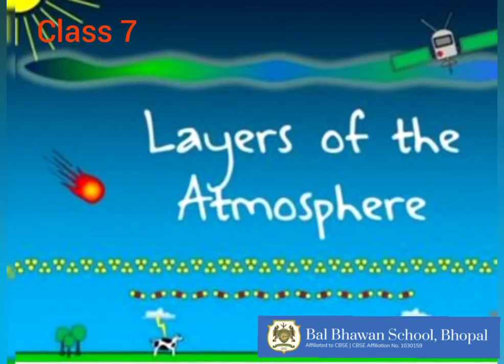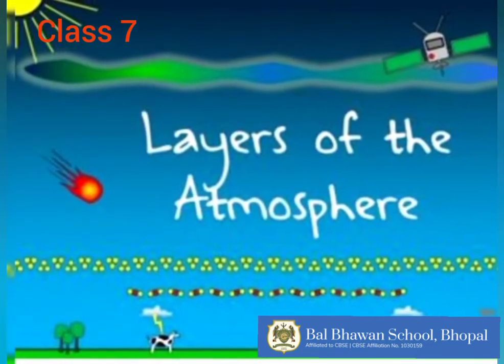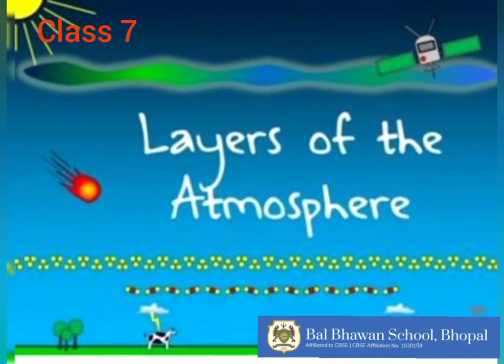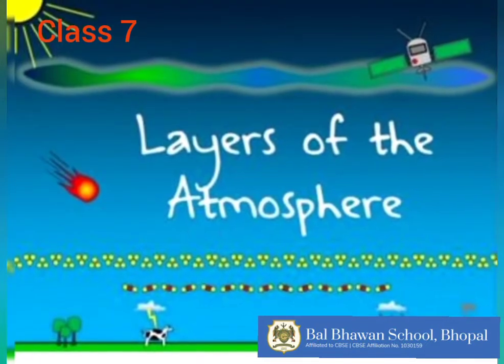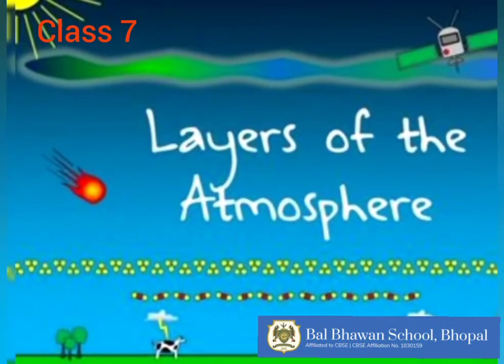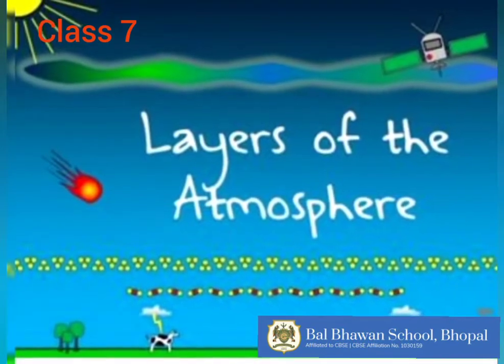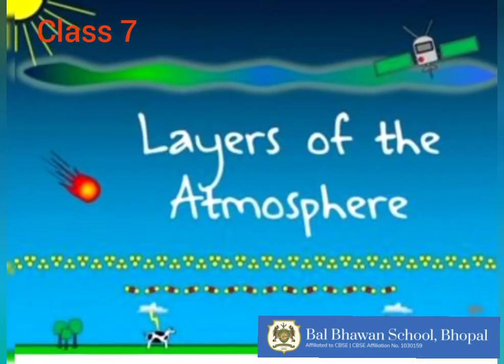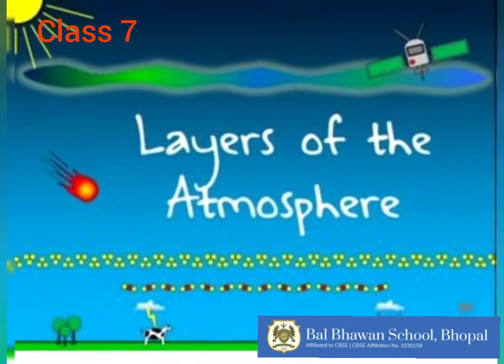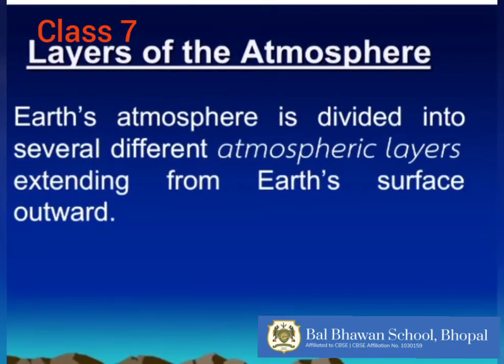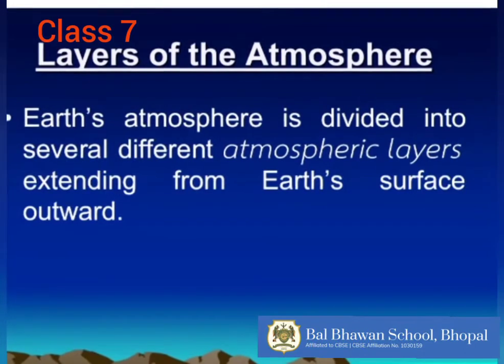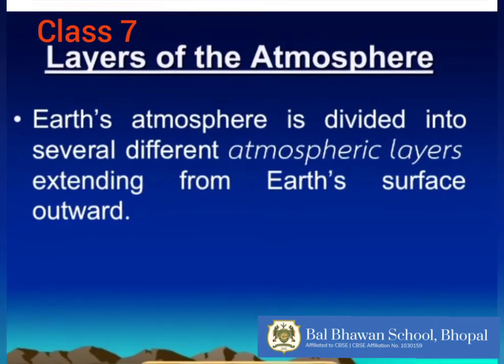So children, let us study the structure of the atmosphere. Our atmosphere is divided into 5 layers, starting from the Earth's surface. These layers are troposphere, stratosphere, mesosphere, thermosphere, and exosphere.